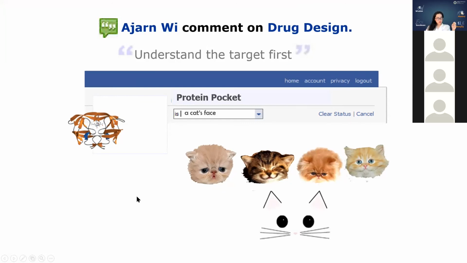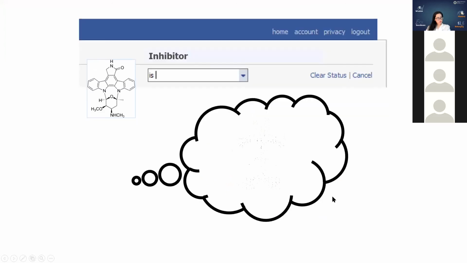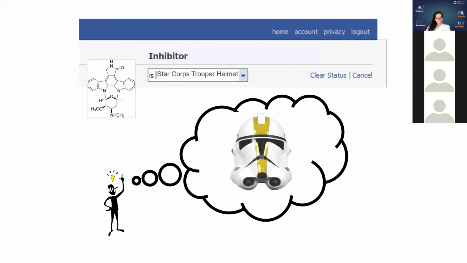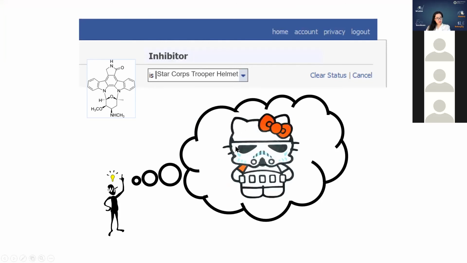So understanding the target means knowing what features inside the pocket let us recognize that this is this protein. These are important in order to find a suitable mask for fitting with the target enzyme. If we want to design the ligand in the same way as the mask that's suitable for this cat face, we have certain things to consider in order to design a perfect mask.